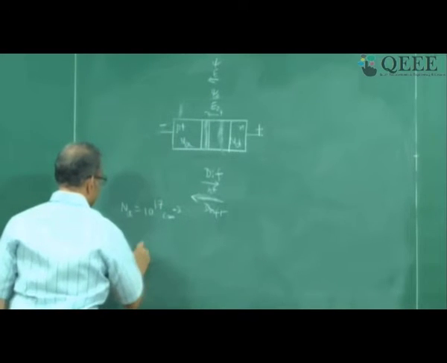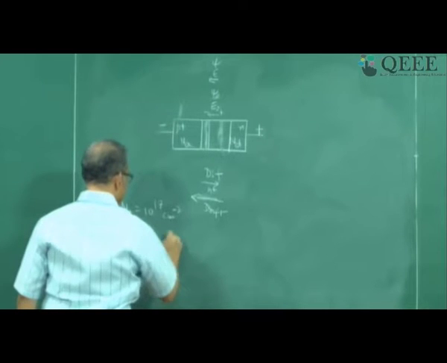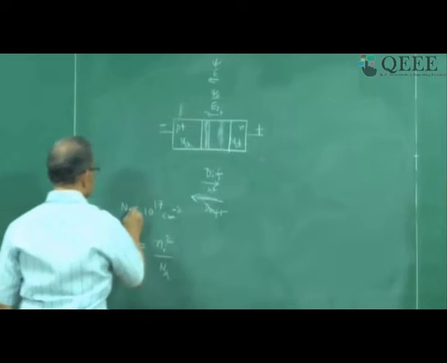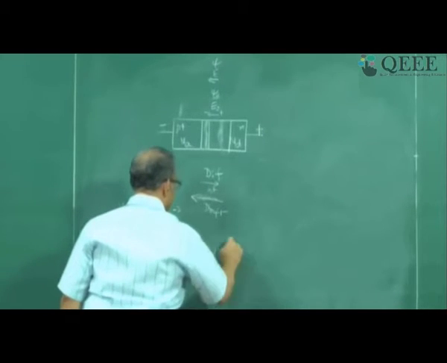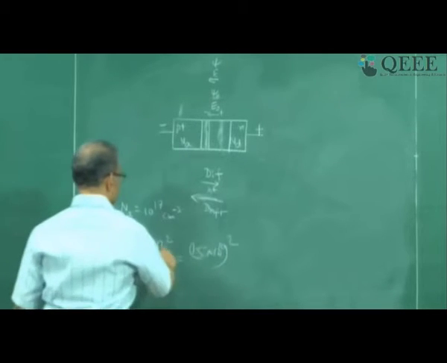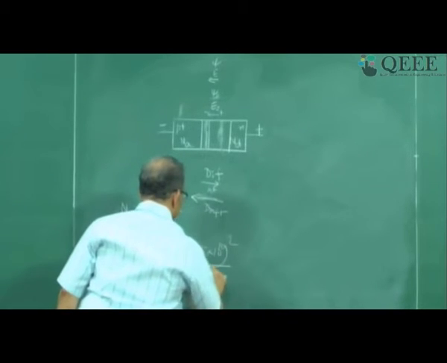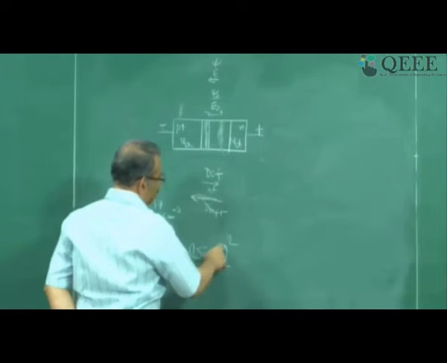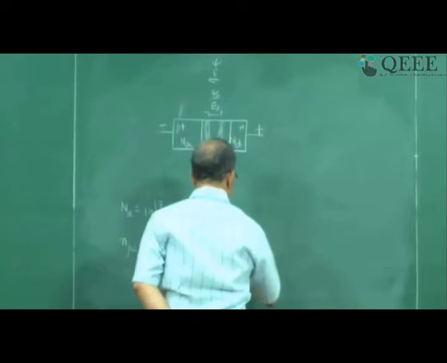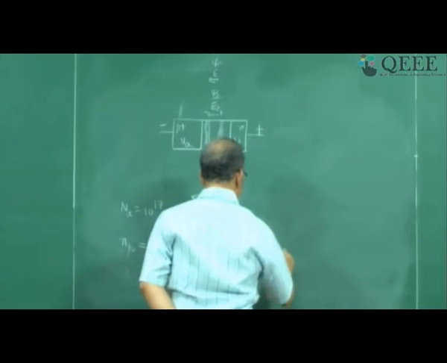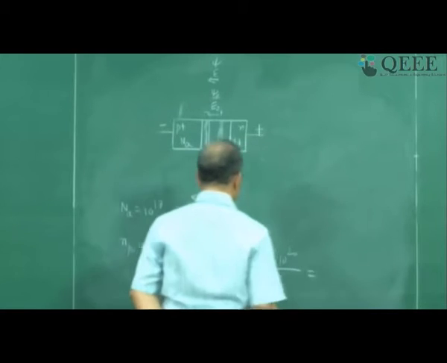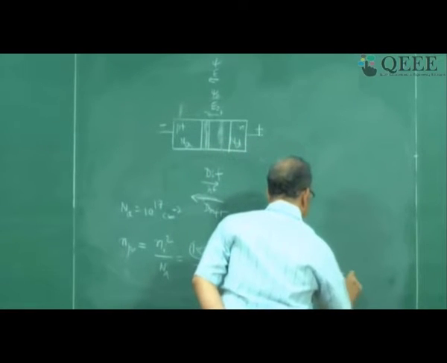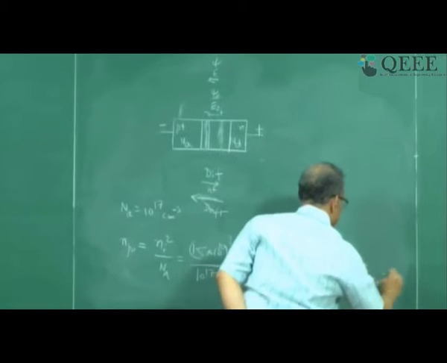So n_p0 is ni^2 by Na, and for silicon ni at room temperature is 1.5 x 10^10, so (1.5 x 10^10)^2 by 10^17. This is 2.25 x 10^20 by 10^17, and this is equal to 2.25 x 10^3 per centimeter cube.